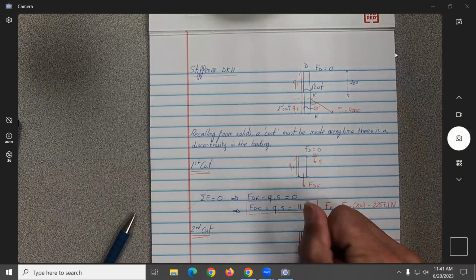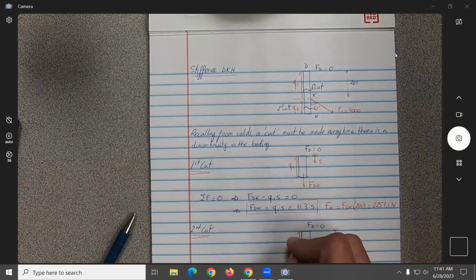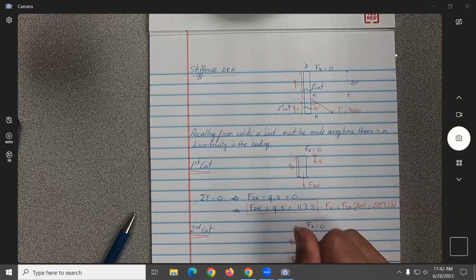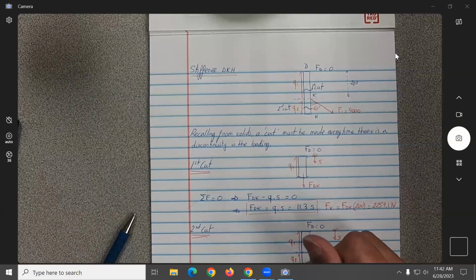This will be Q1. This will be Q2. And this will be F KH.